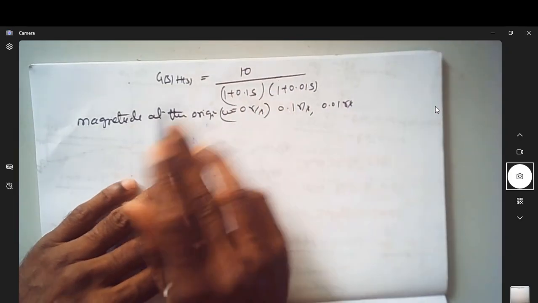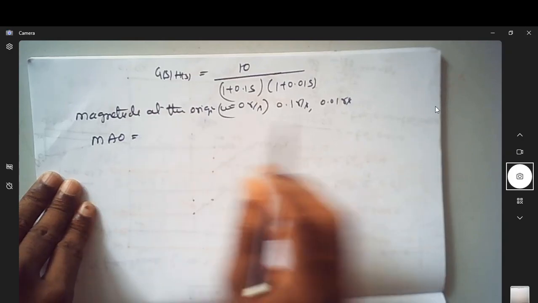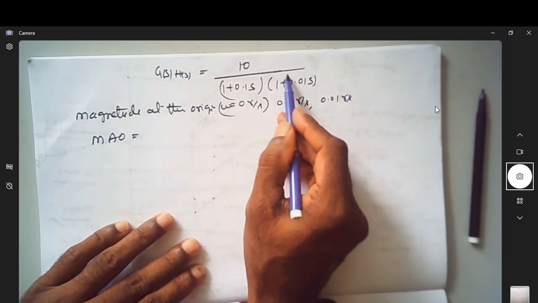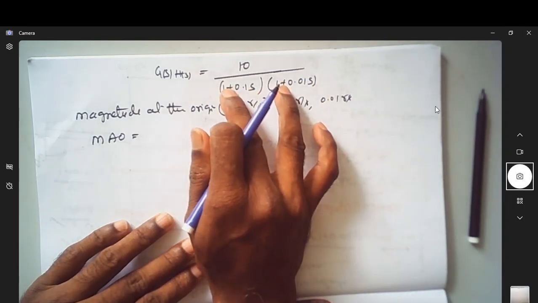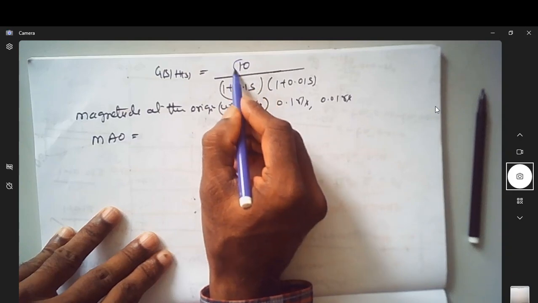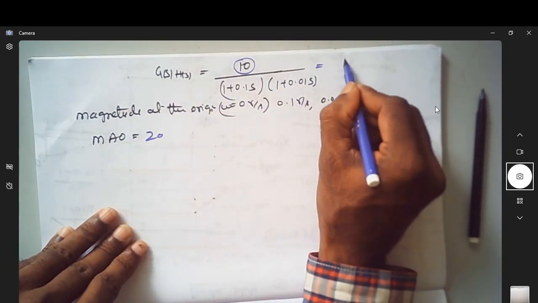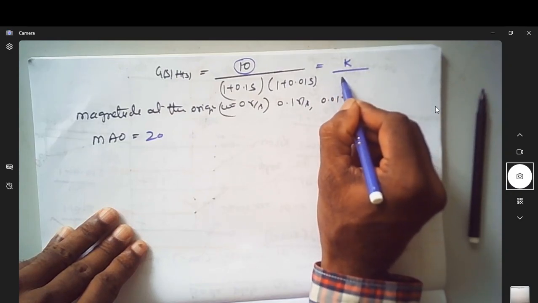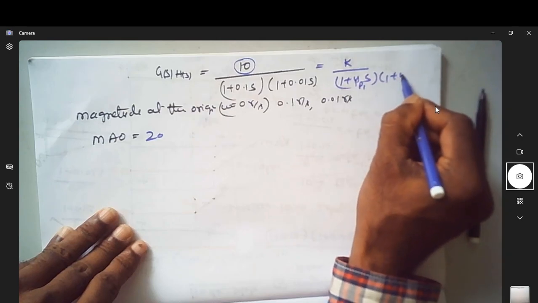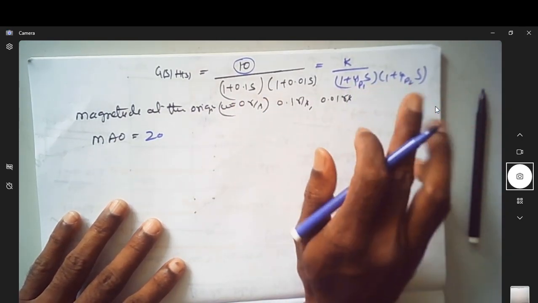Now to understand that, we call it as MAO. We know that these terms will contribute 0 dB at the origin. So shall we say that the magnitude at the origin is contributed by only this term? Usually this will be written as K by (1 plus tau P1 s) and (1 plus tau P2 s), where tau P1, tau P2 are the time constants.